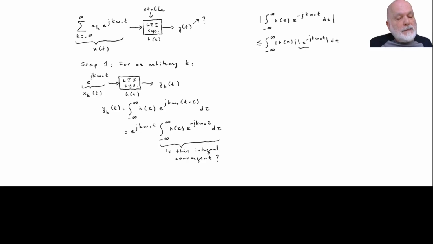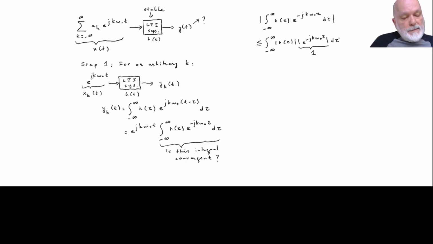Now this term is equal to 1. The magnitude of the complex exponential is 1. Sorry, we have h of tau. The integration is with respect to tau: omega 0 tau d tau.